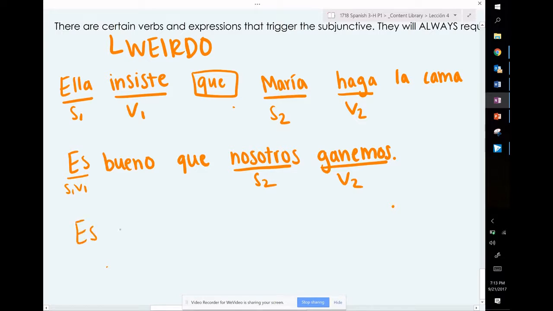When you have impersonal expressions and subjunctive verbs, sometimes they can be followed by just the infinitive. For example, "es bueno ganar." And the difference in meaning is in this first one, it says, it's good that we win versus it's good to win. Because there is no que in this sentence, this means we cannot use subjunctive.